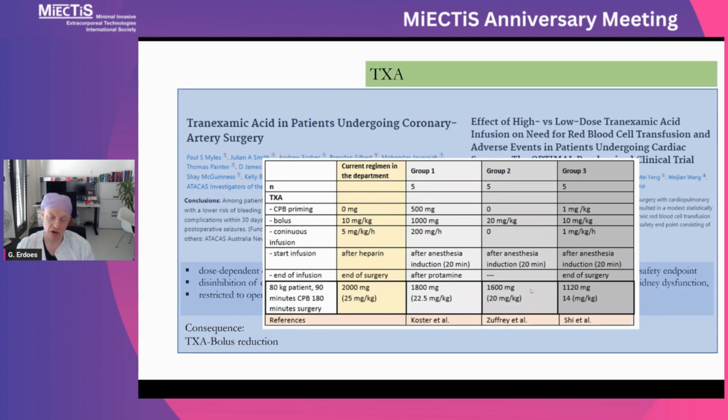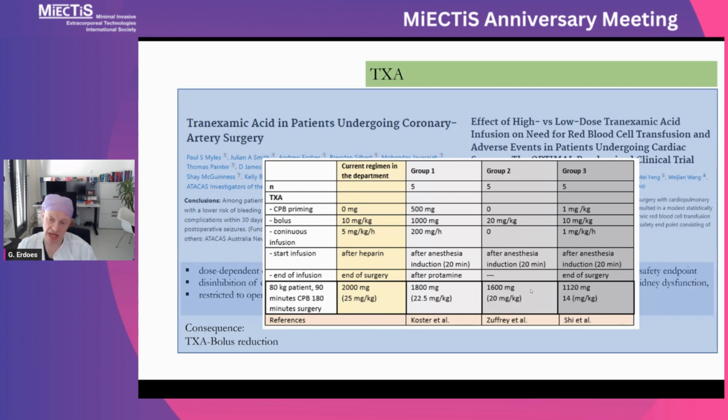In my hospital, we are using the protocol from Zafre and collaborators. You see it in this column group 2. So we are only administering a bolus of tranexamic acid just after anesthesia induction, 1,600 milligrams in an 80-kilogram patient, and it is working very well.